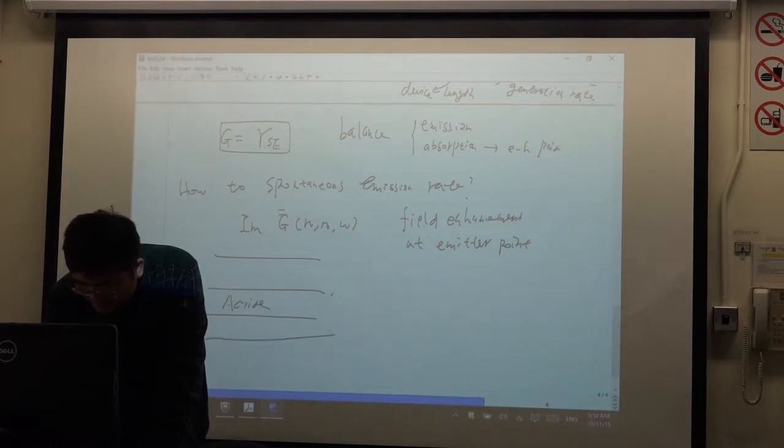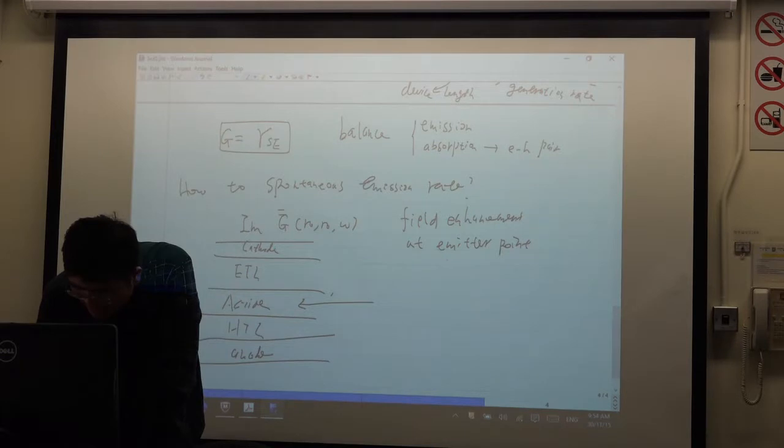Maybe this is the electron transport layer, this the hole transport layer, and this panel is the experiment. It just excites some eigenmode. The eigenmode has two conditions.